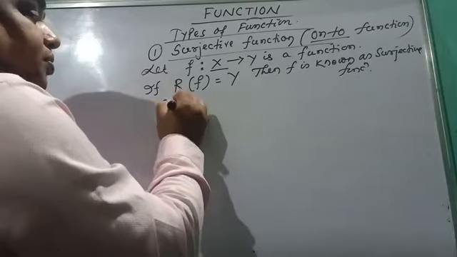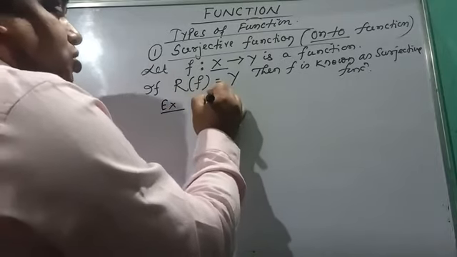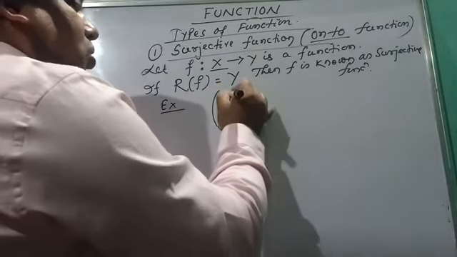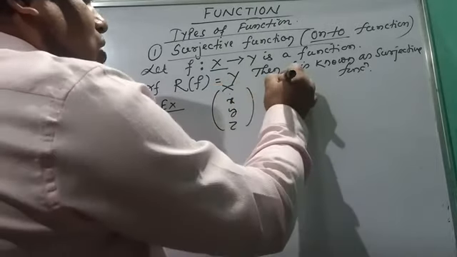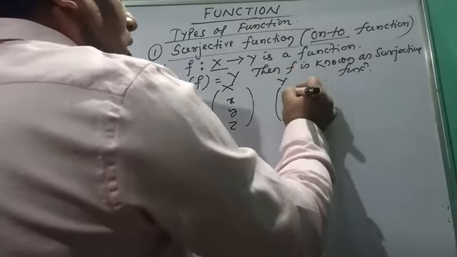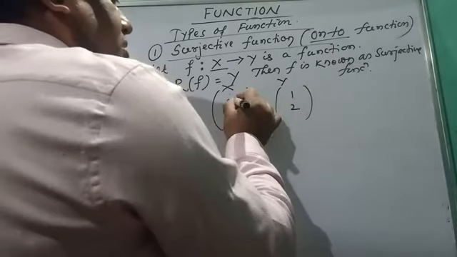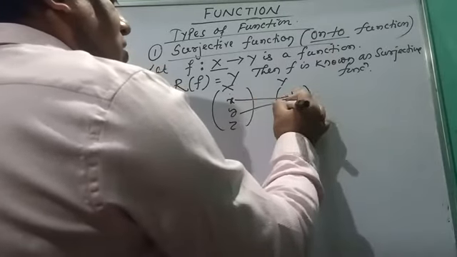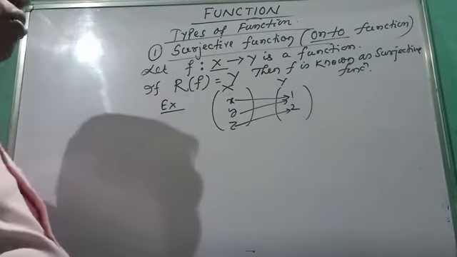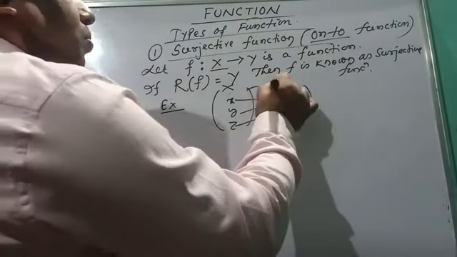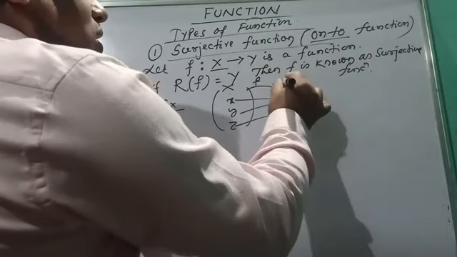Example: suppose X contains the elements x, y, z, and Y contains 1, 2. x is related with 1, y is related with 1, z is related with 2. Now in this case, what is the range of F?